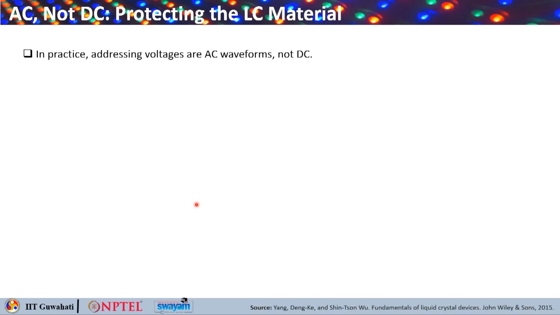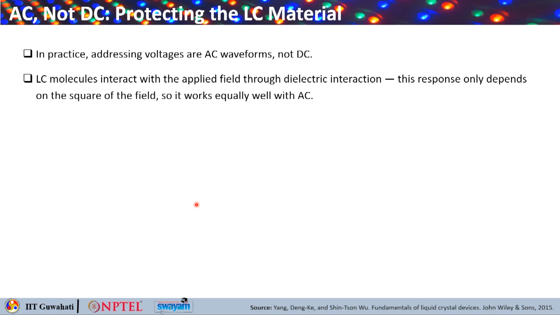So here we will see a practical detail that is essential to every real LCD drive circuit, and why the addressing voltages are always AC waveforms and not simply DC. If you recall, the LC director's response to an applied field comes from the dielectric interaction, and the resulting torque depends on the square of the electric field.